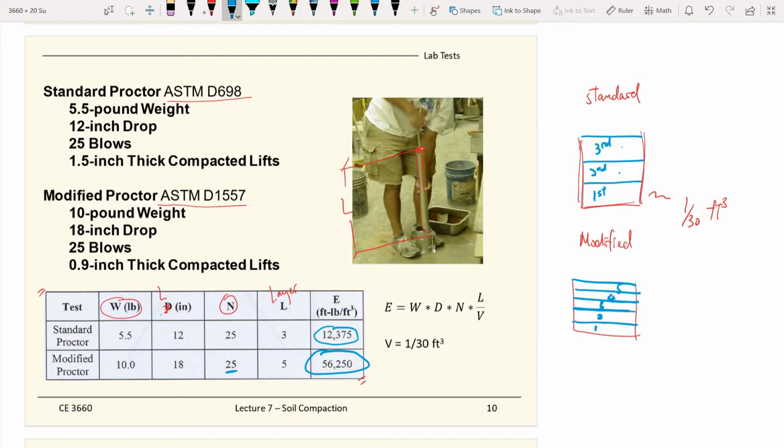So why do we need these two different tests? Before World War II, everyone was just doing the standard Proctor. But during and after the Second World War, the demand of construction in terms of the size of structures and the loading they carry increased, particularly during wartime, with heavier aircraft that needed to carry more loading, including the bombs they needed to carry.